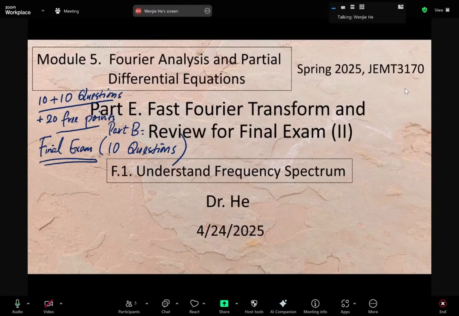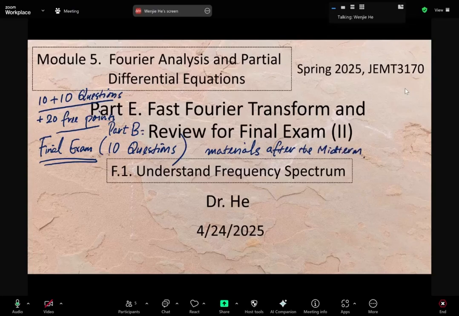The coverage is the topics after the midterm, not comprehensive, the new materials after the midterm, because I want to save you preparation time.